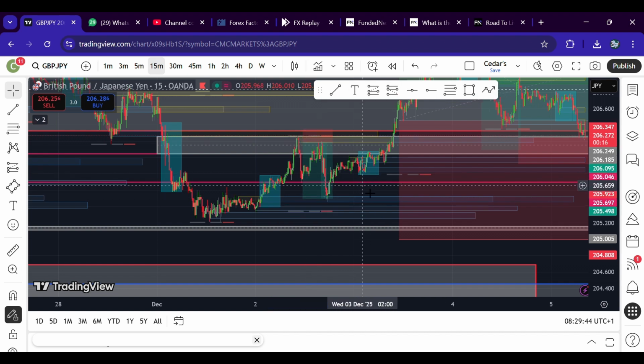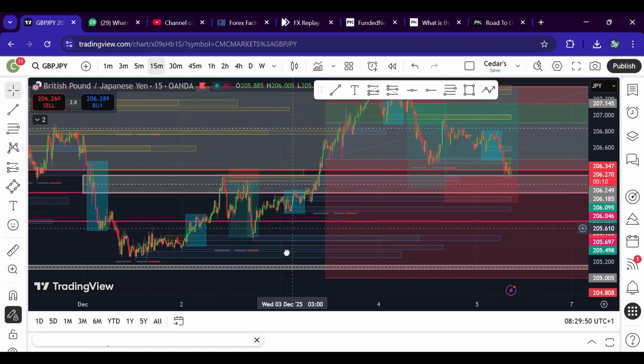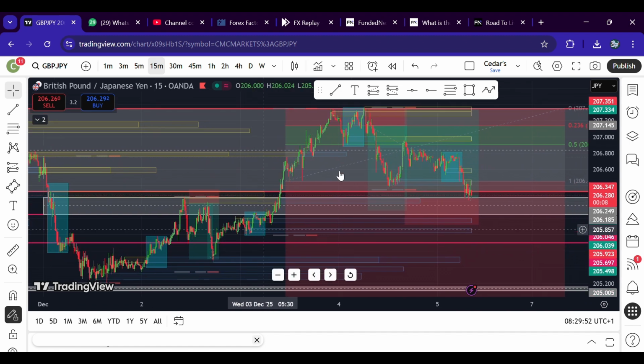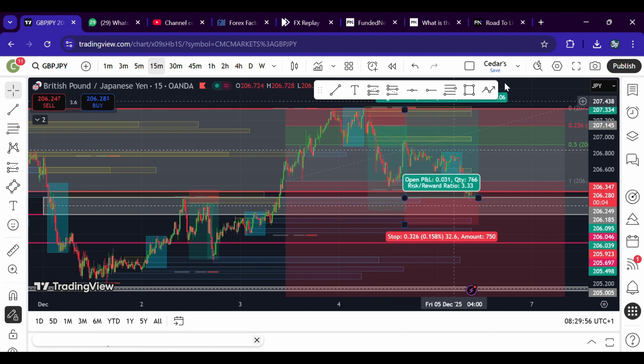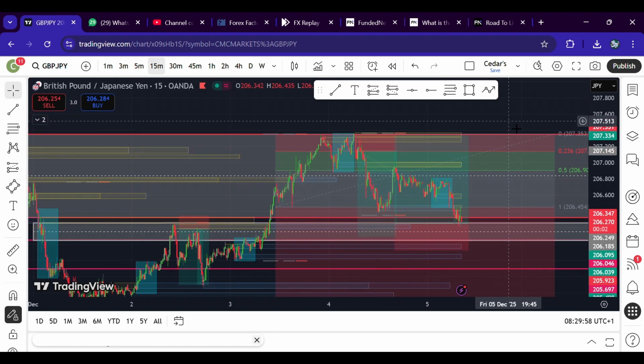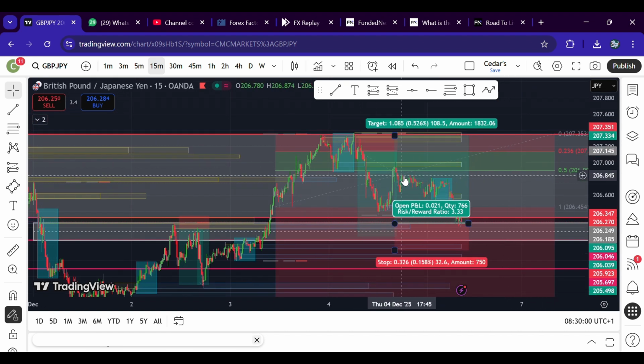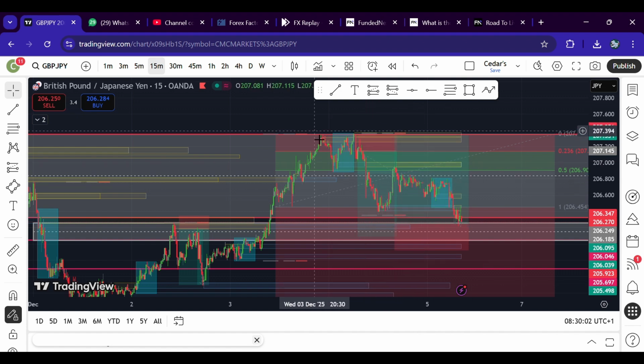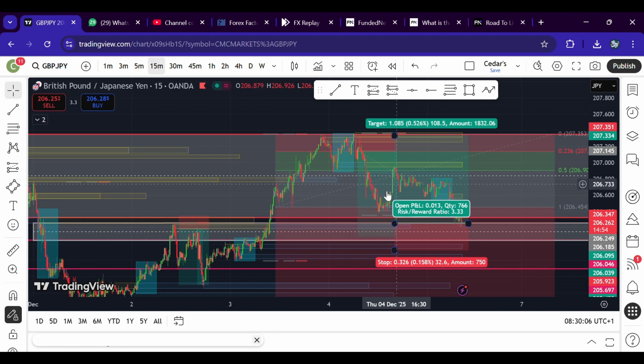So yeah, now I'm just going to stick to my rules and not break them for anyone. Not let greed get a hold of me, so we'll see how it goes. This was a sell that happened yesterday. This was another sell that happened yesterday. As you can see, it broke structure right here, though there was no retracement.